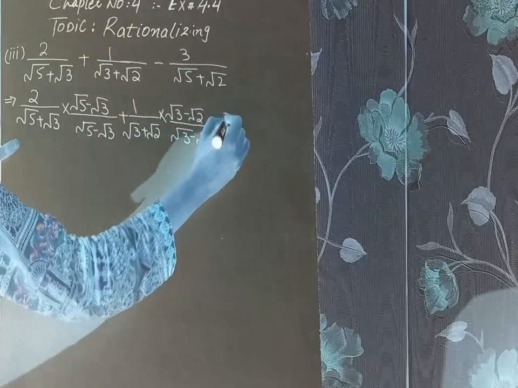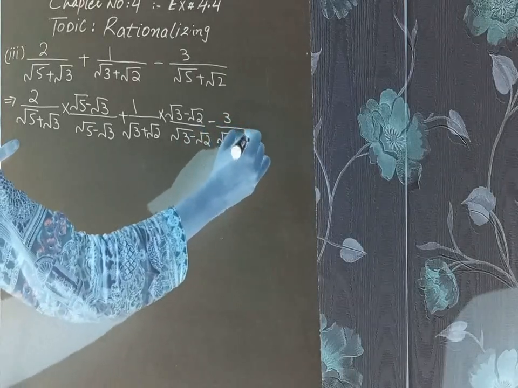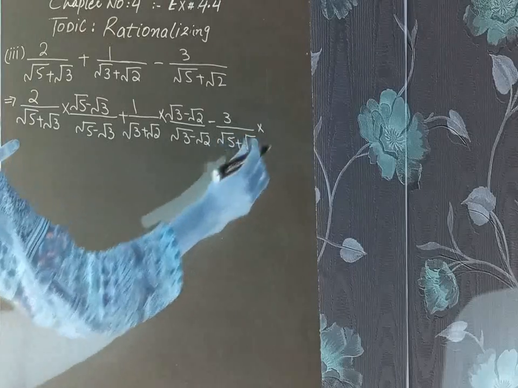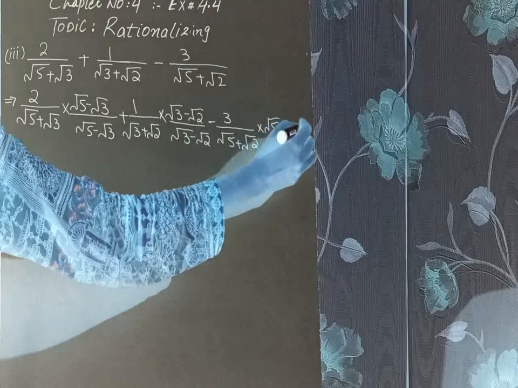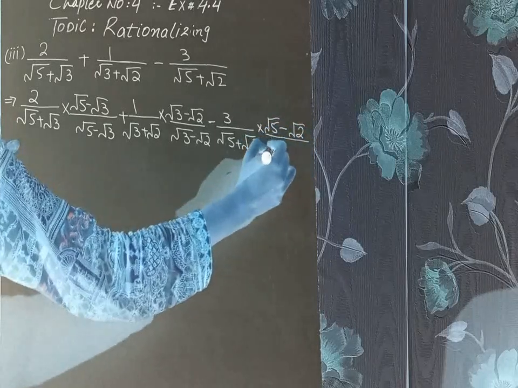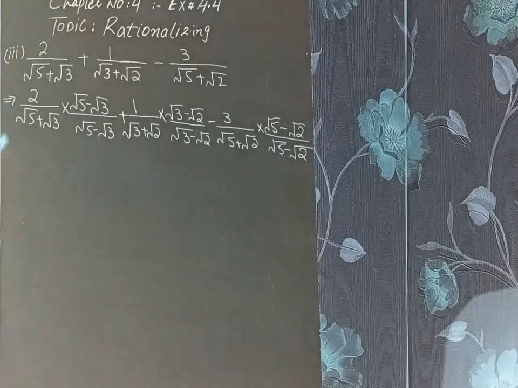Then there is minus 3 over √5 plus √2, multiply and divide by the conjugate of this, √5 minus √2 over √5 minus √2.